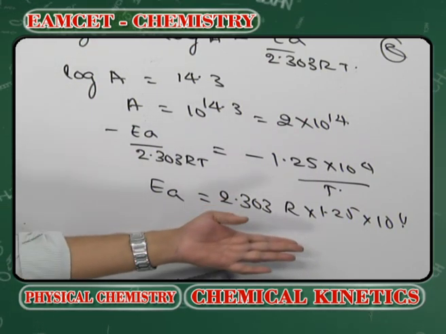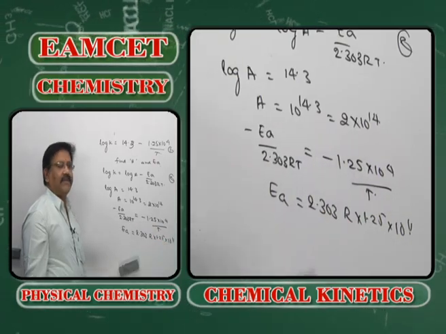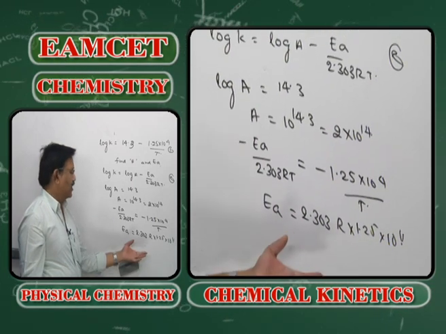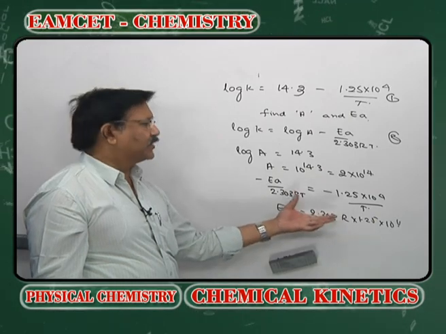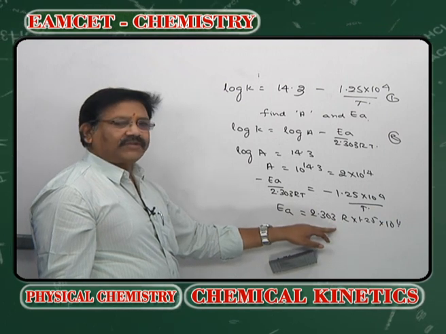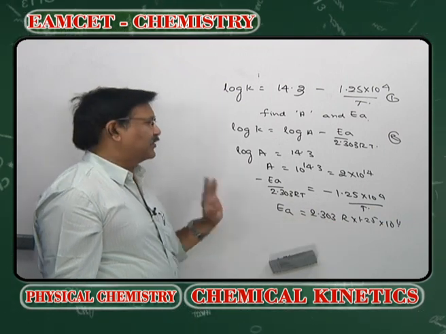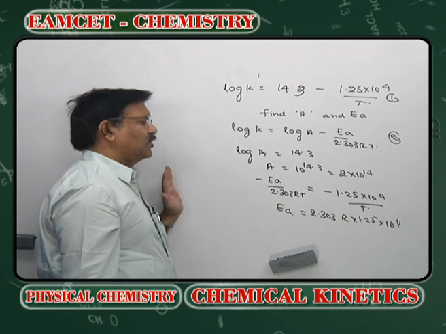If you take the R value in joules, we will get the activation energy in joules. If you take the R value in calories, we will get the activation energy in calories. This is the way to solve the numerical.